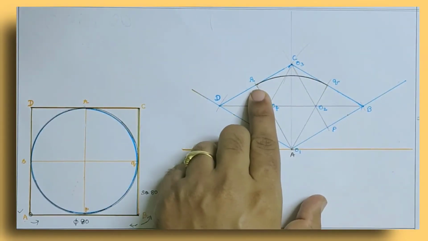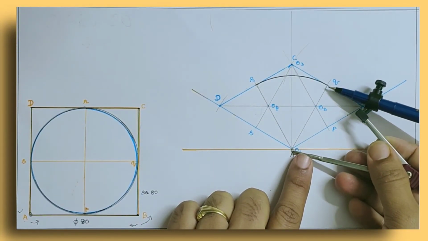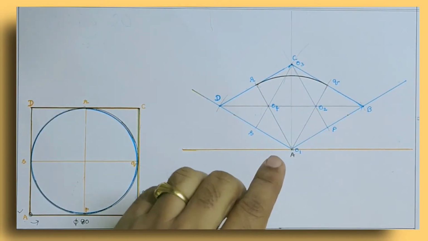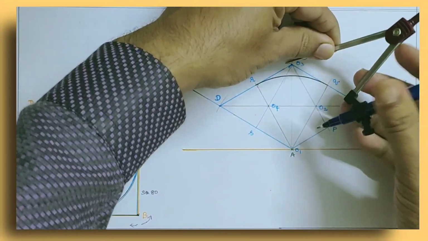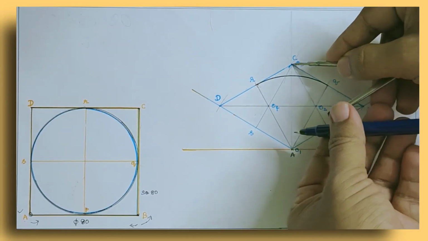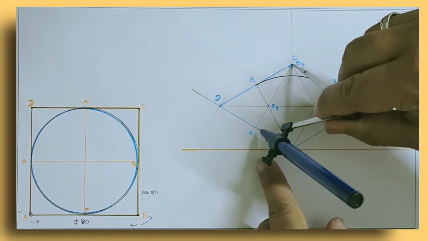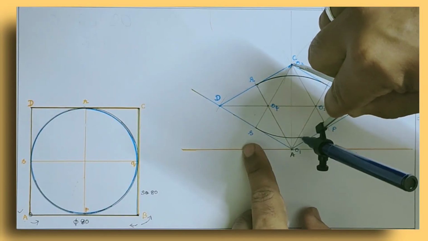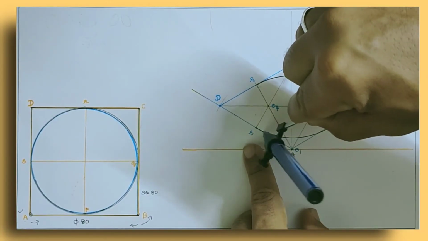What I did was take A as the reference and OAQ as the radius and then draw the arc. Next, repeat the same process with O3 as the center of rotation and OS or OP as the radius. Just draw this arc here. So this is the arc you will be getting.